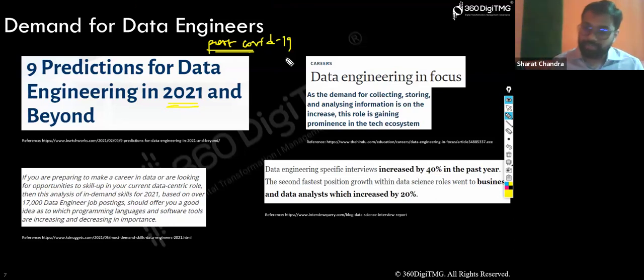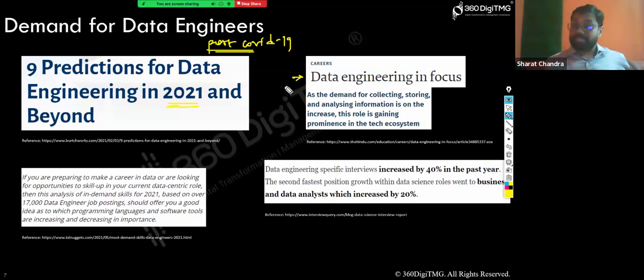So as soon as the businesses became digitalized, a lot of data was getting generated, and they needed data engineers to ensure that the data they are generating is accumulated. That's where the rise of data engineers came to the forefront. In 2022-23, there's a huge demand for data engineers, thanks to the COVID-19 effect.